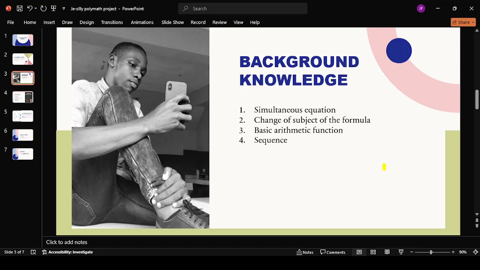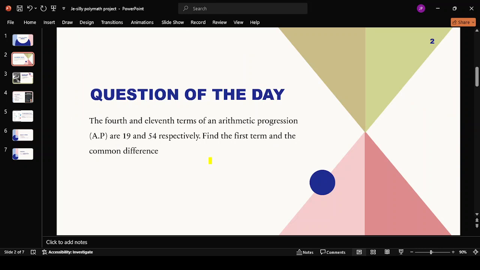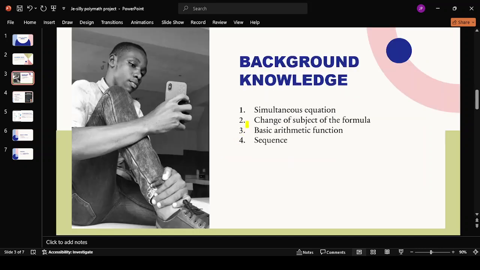And lastly, we want to talk about the sequence. The sequence is the main idea behind the problem we intend to solve. So remember, these are the background knowledge you should have before being able to solve this problem: simultaneous equation, change of the subject of the formula, basic arithmetic functions, and sequence.